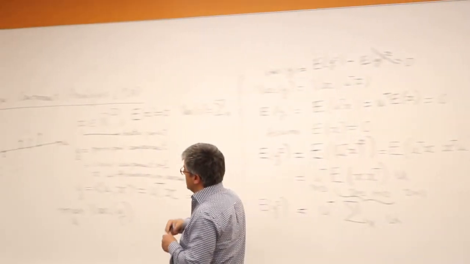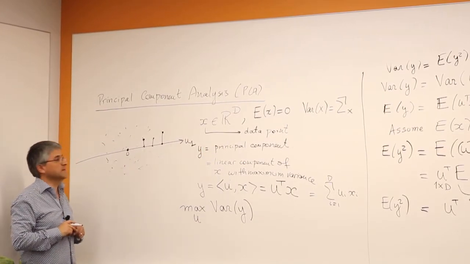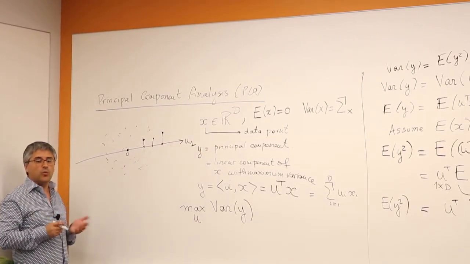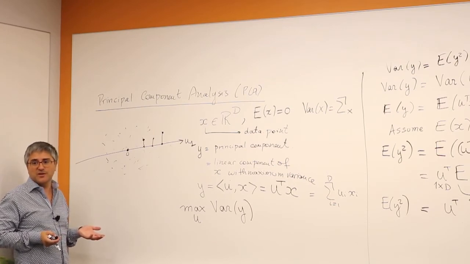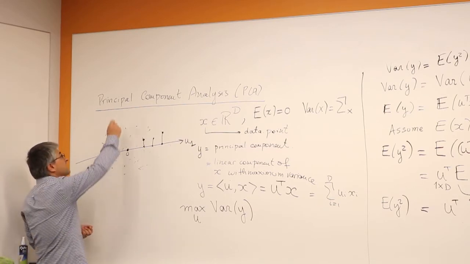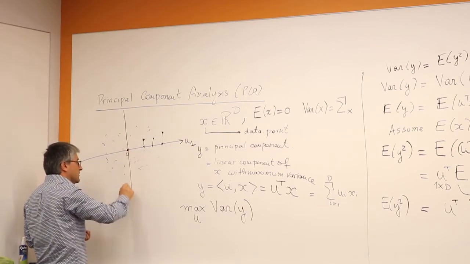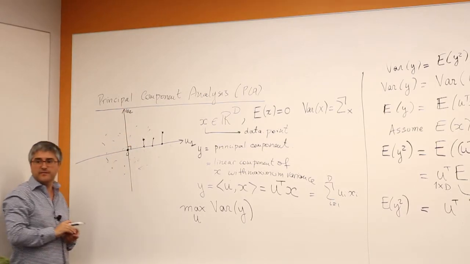So going back to my picture on the far left, if this is U1, what's the only option I have for U2? Because this is 2 dimensions only. Like this. That has to be U2. And this needs to be perpendicular here.